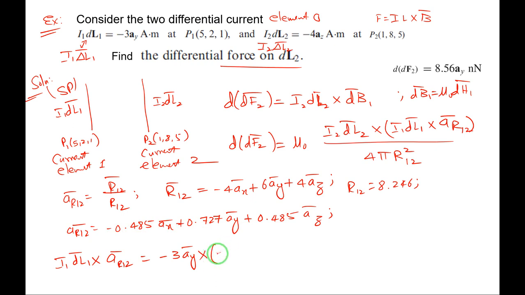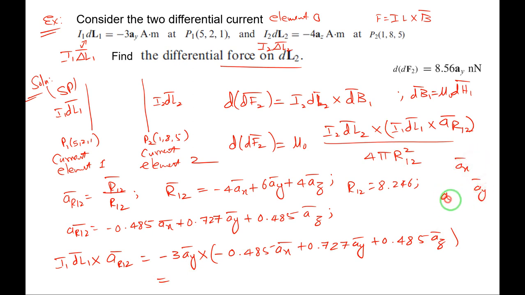Let me write it in the bracket: minus 0.485 ax plus 0.727 ay plus 0.485 az. So we'll take the cross product, with the help of the cyclic diagram of the unit vectors ax, ay, az.